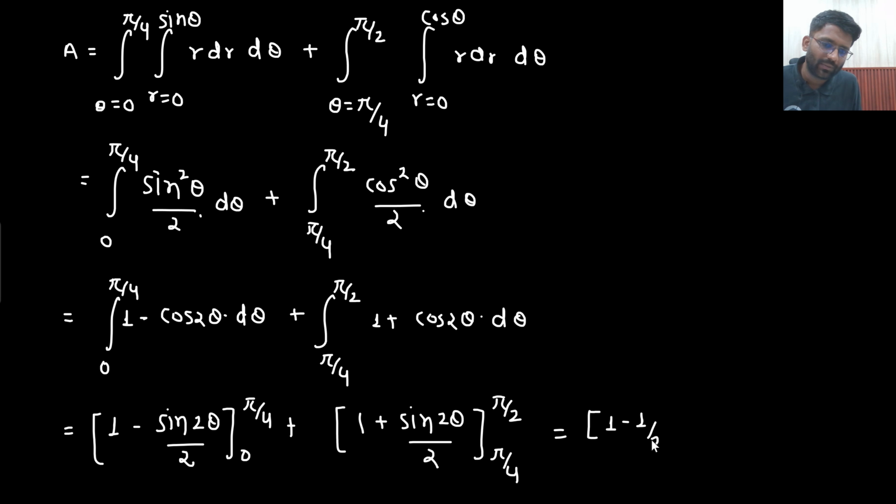So 1 minus 1 by 2, then minus, putting 0 here, sin 0 is 0, minus 1. Plus 1 plus, what is sin pi? Sin pi is 0. Minus 1 as it is, 1 plus 1 by 2. Right? So what are you getting here?